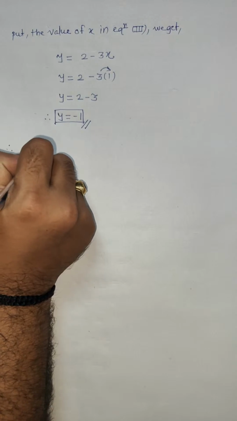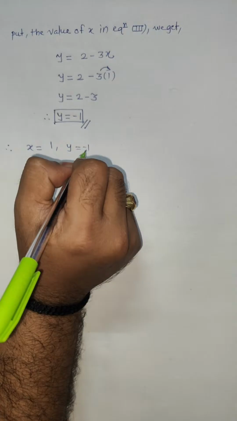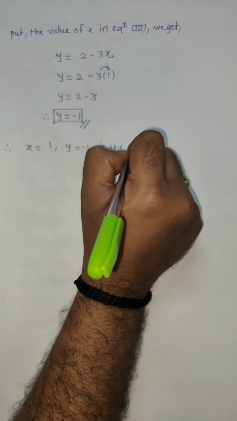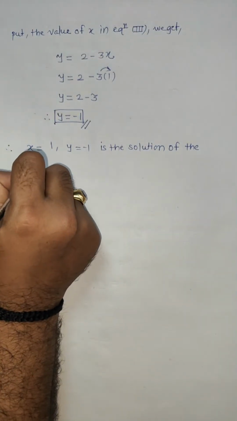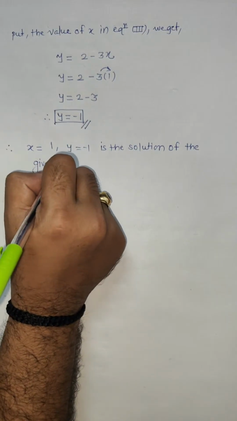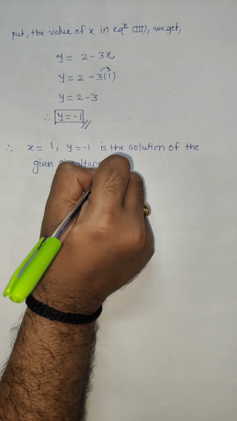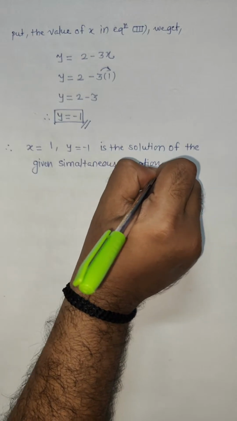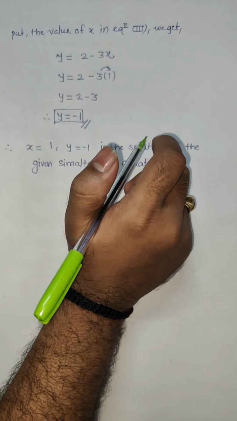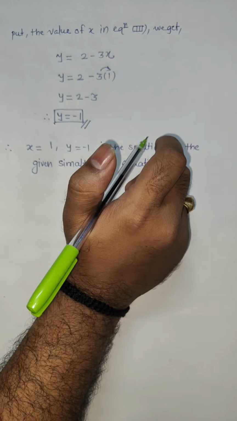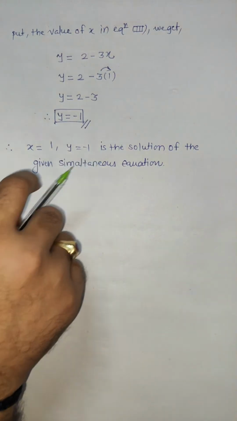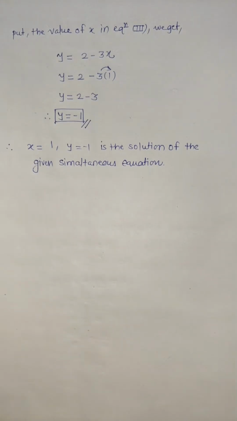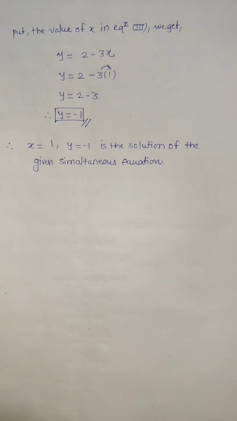So x is equal to 1 and y is equal to minus 1 is the solution of the given simultaneous equation.